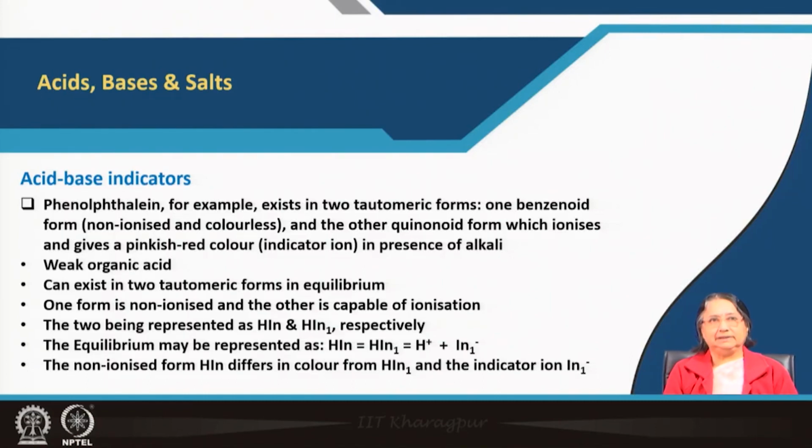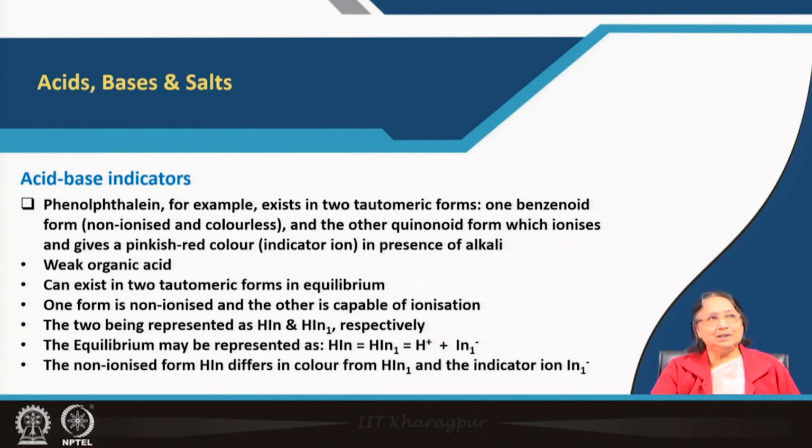Now, because we are talking about acids, bases and salts, I will tell you about the acid base indicators. We all know about two indicators. One is the phenolphthalein indicator and another is the methyl orange indicator.